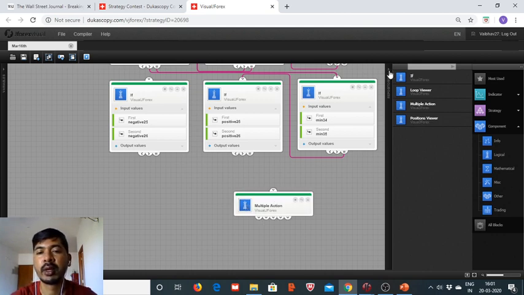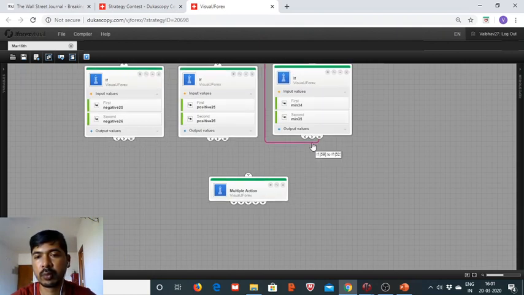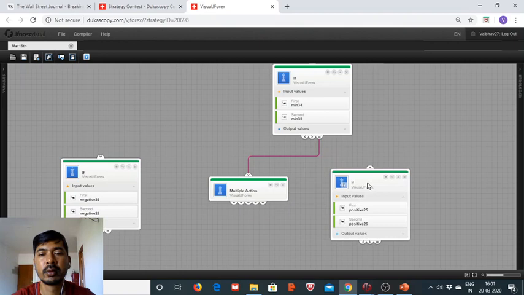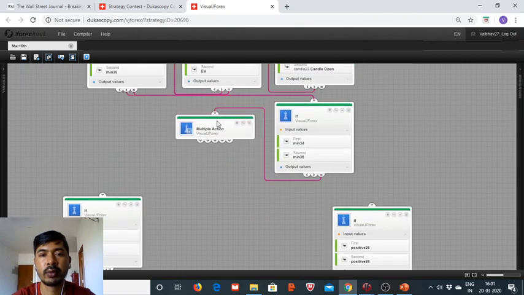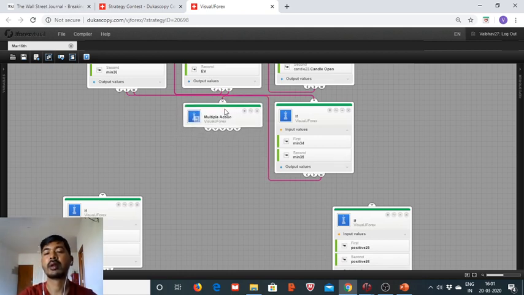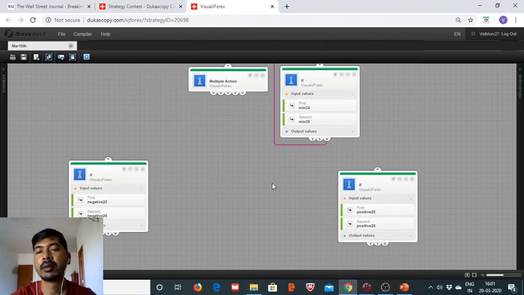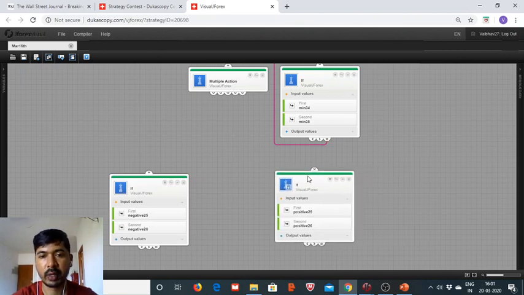So here it is, the multiple block. We put it in here, and we use this block somewhere here. And this is the requirement for us.